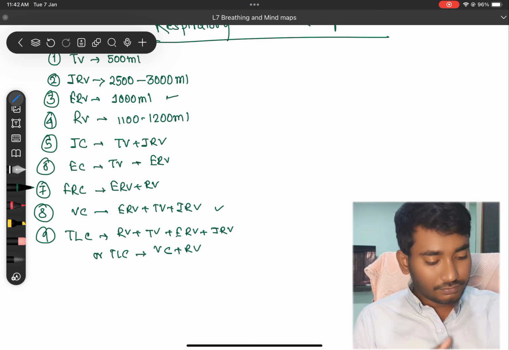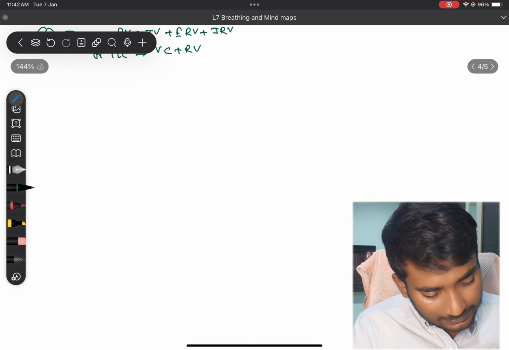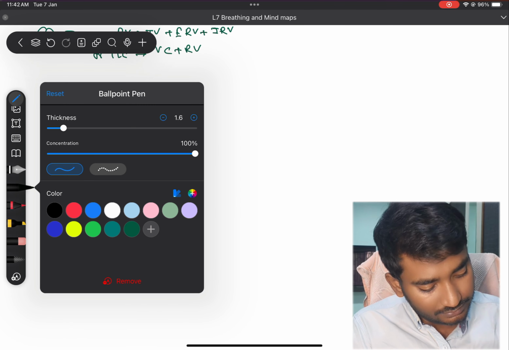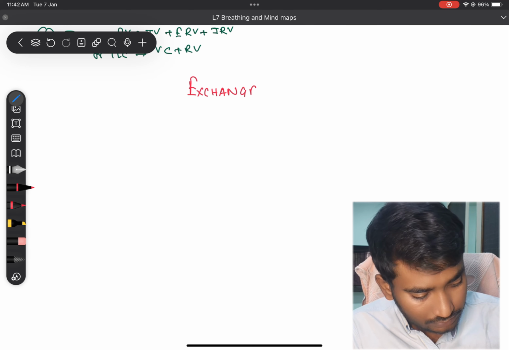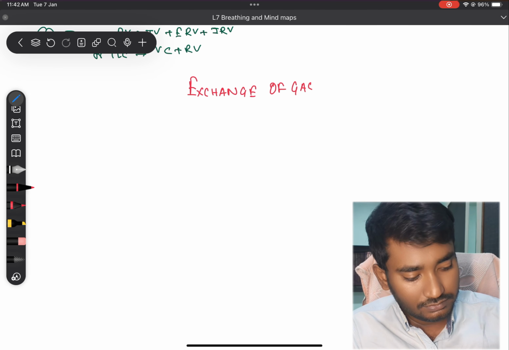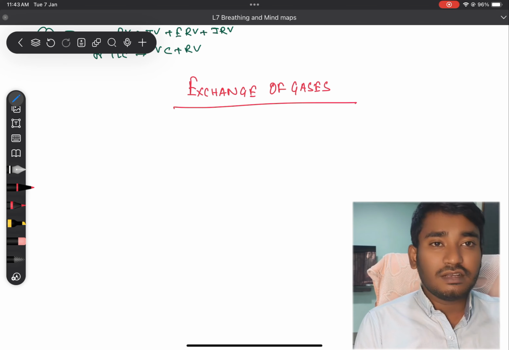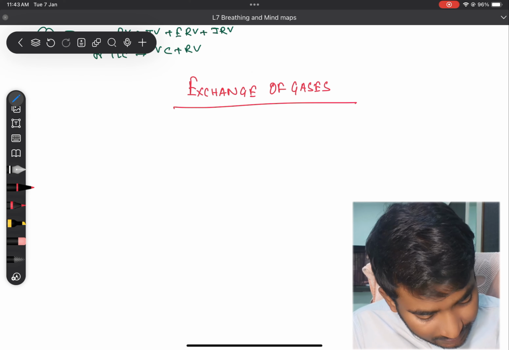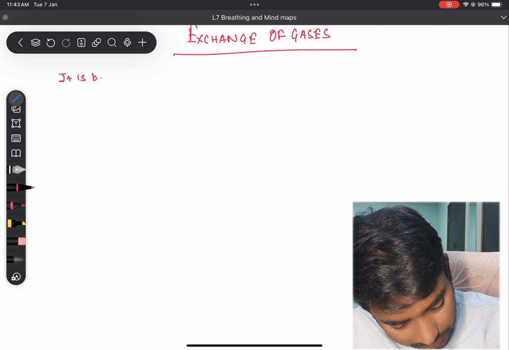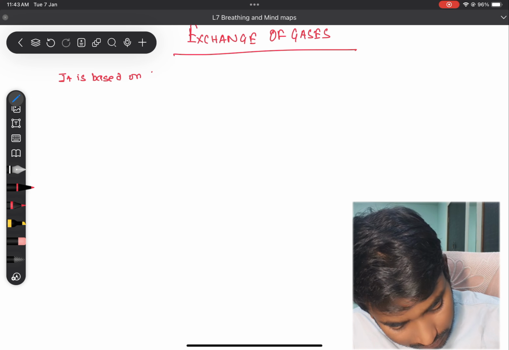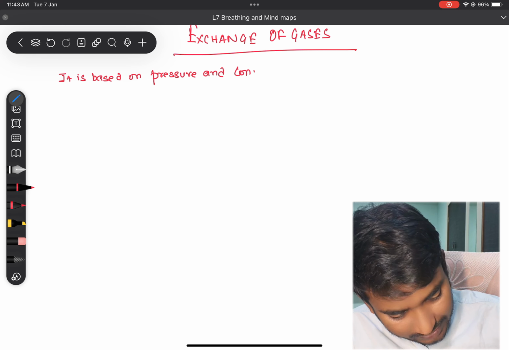Now we come to the exchange of gases. Exchange of gases is based on, I'm writing it in red because these are important, pressure and concentration gradient.